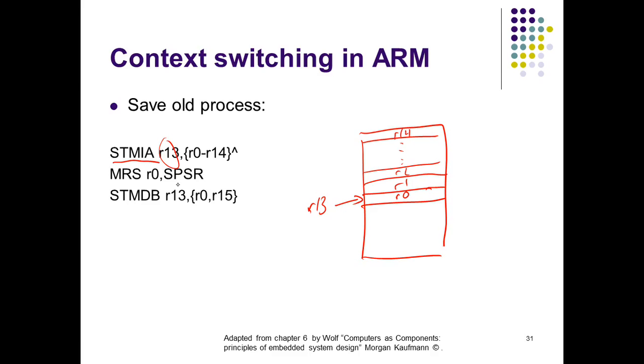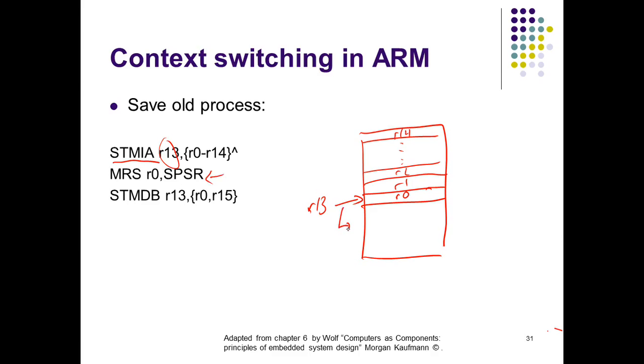Move SPSR into R0. This is a special register holding the current status of my program. It has flags like errors, overflow, whether you're big endian or little endian, just general process information. You want to store this information as well, so it's a store multiple decrement before.